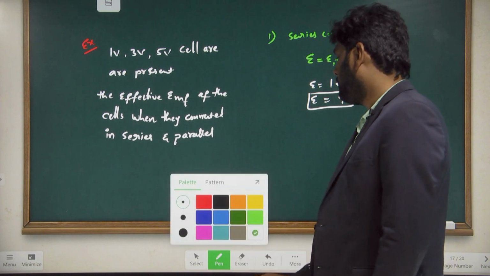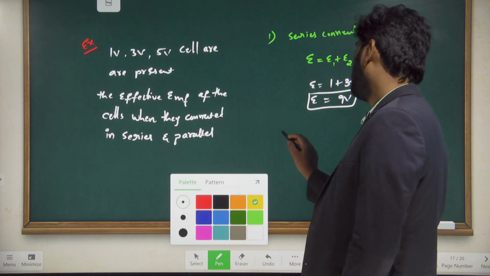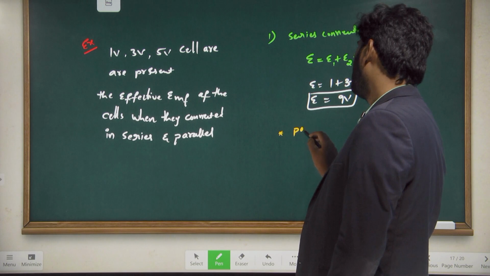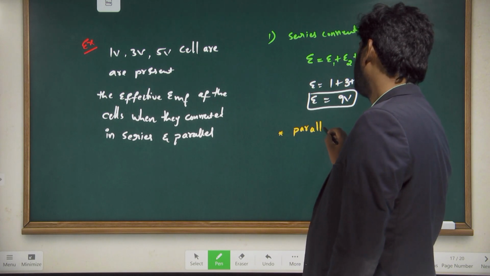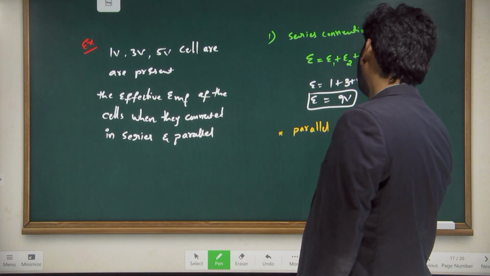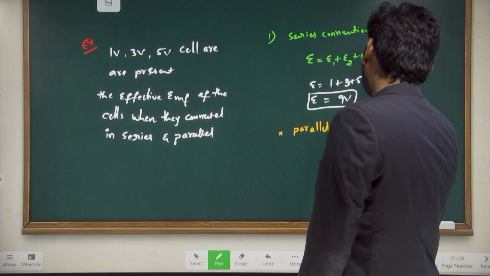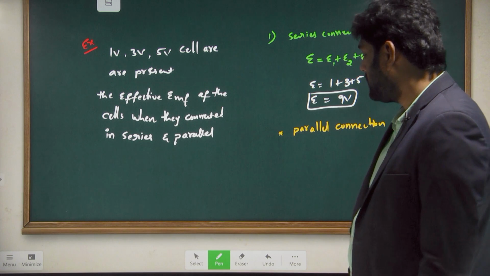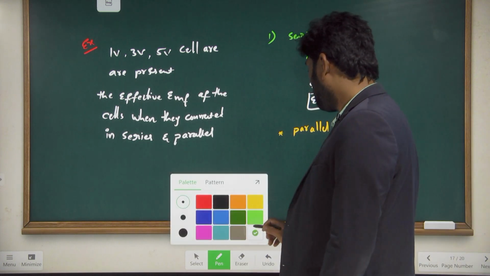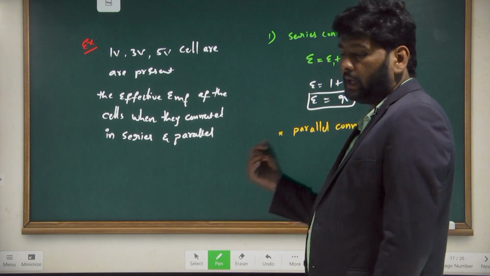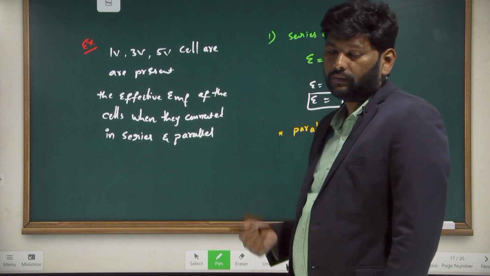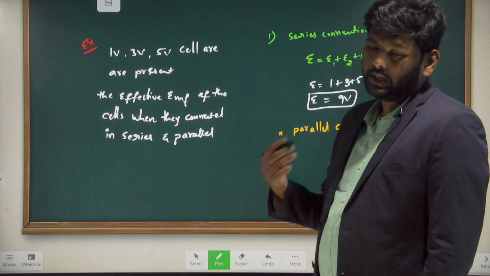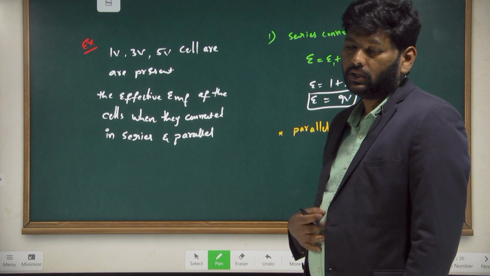And next, in a parallel connection, what is the effective EMF value? In a parallel connection, the greatest value of the combination is the effective EMF of the connection.